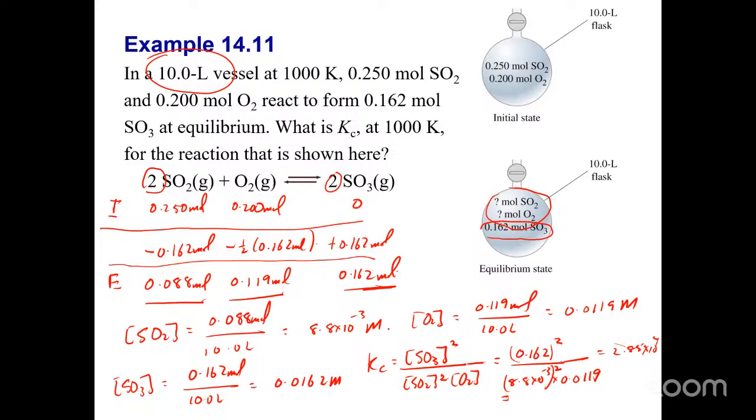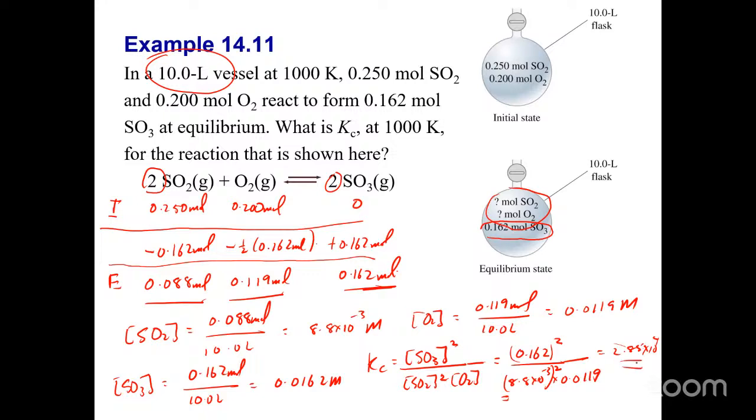You're probably right, I probably didn't square the 8.8. Okay, I got 2.85 times 10 to the 4. Okay, I'll go with that. I was right the first time, I don't know why I was doubting myself.